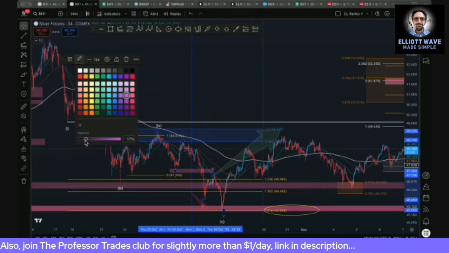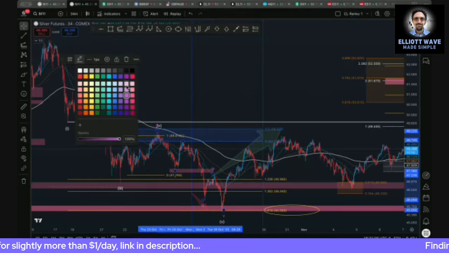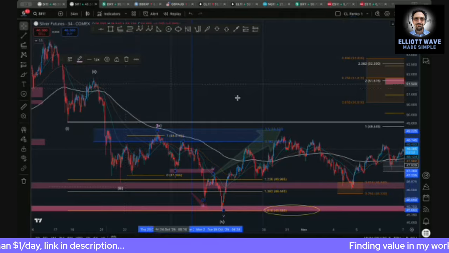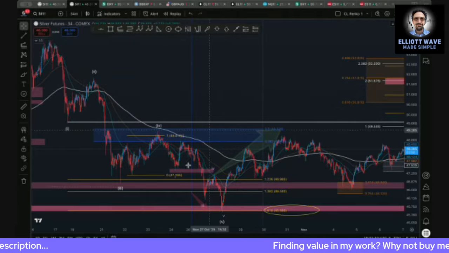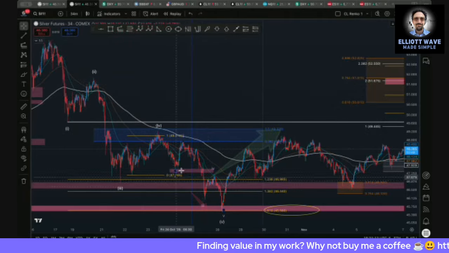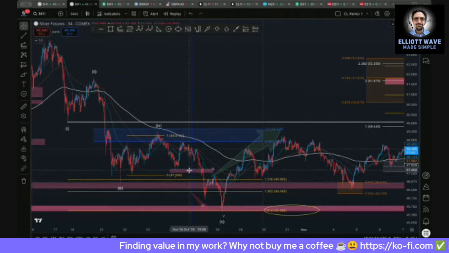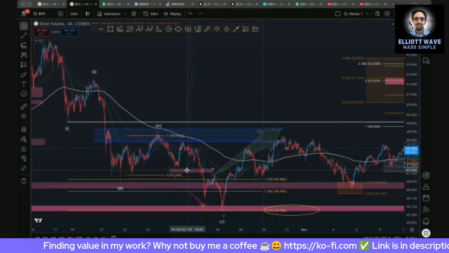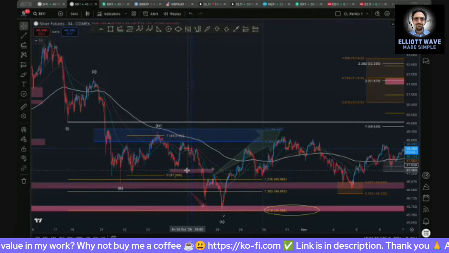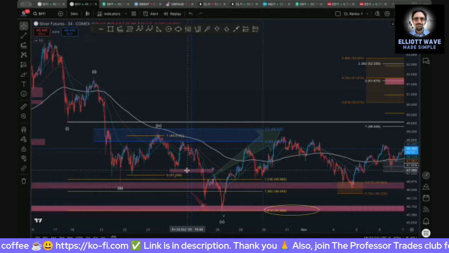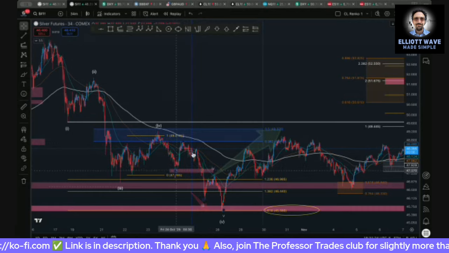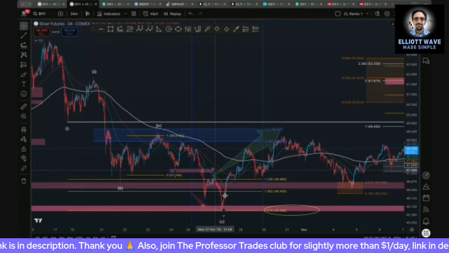I just made it a little brighter for you. So this is wave 1, and you can clearly see, if I put this horizontal line at the price level of wave 1, the purple wave 4 does not break the price territory of wave 1 to the downside. So you have 1, 2, 3, 4, 5.